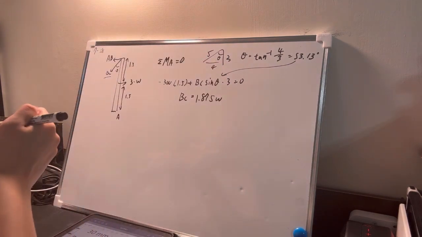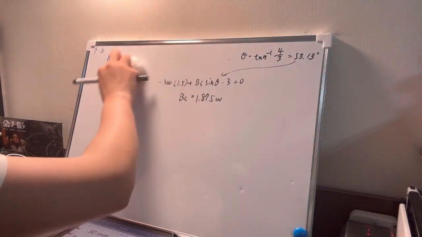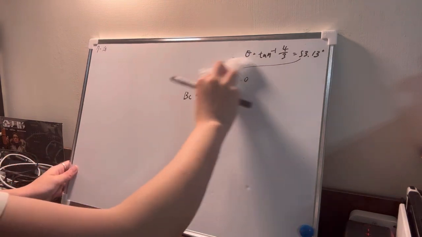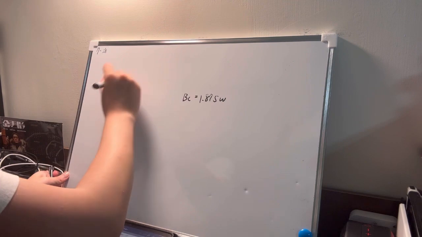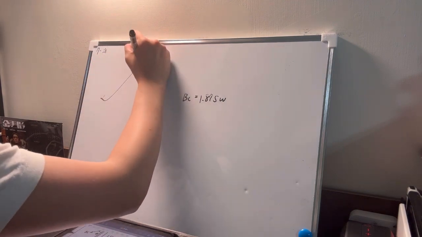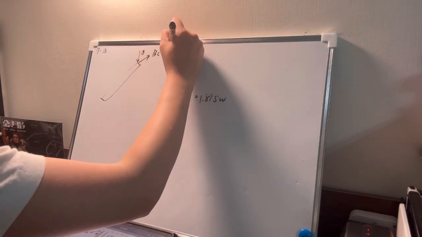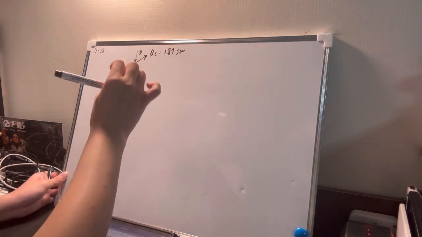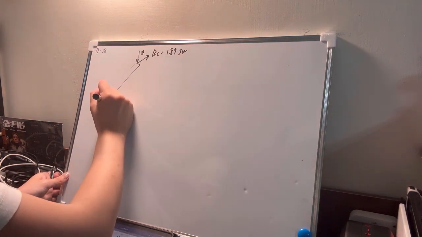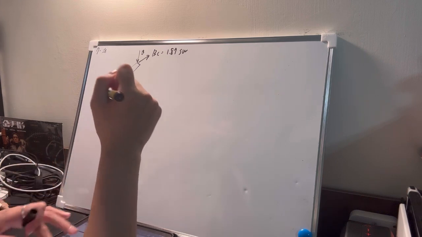And also, the second part here, theta and the BC here is 1.75 W. And now this has the BC here, the MC here, and the NC here.